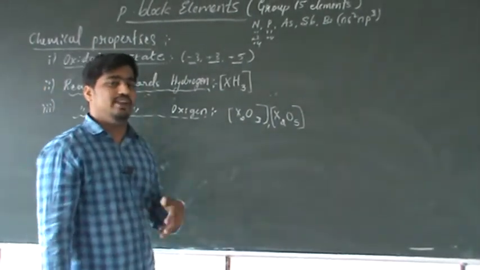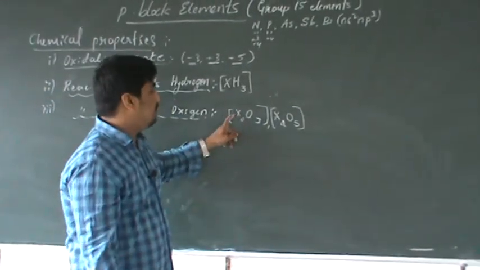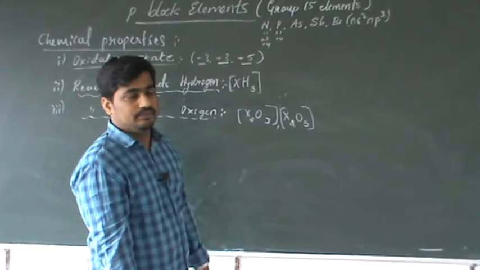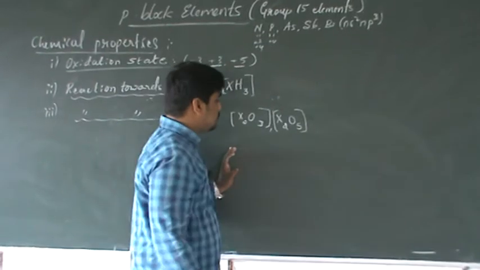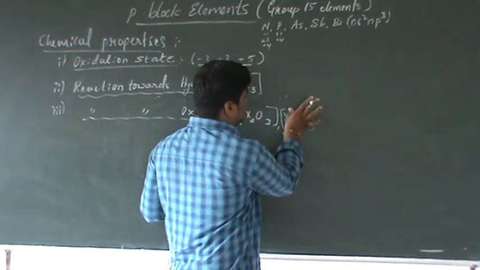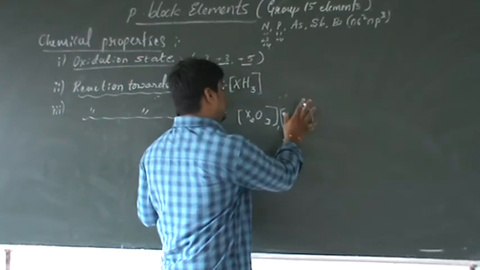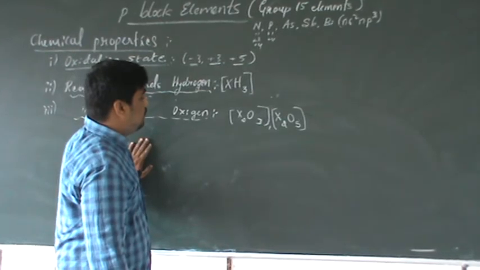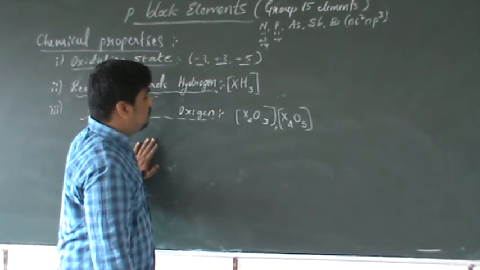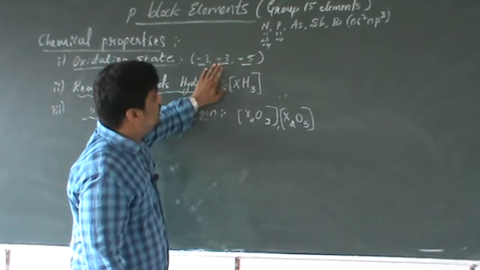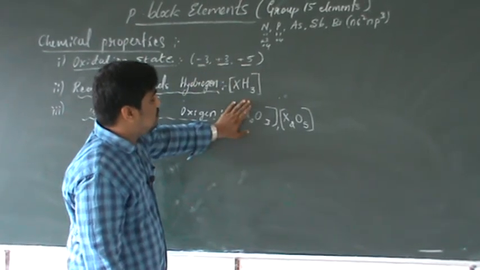How do group 15 elements form oxides? In the form of X2O3 and X2O5. Sorry, it is 2 and 3, yes, correct. I am considering a few examples of oxides: phosphorus, arsenic.